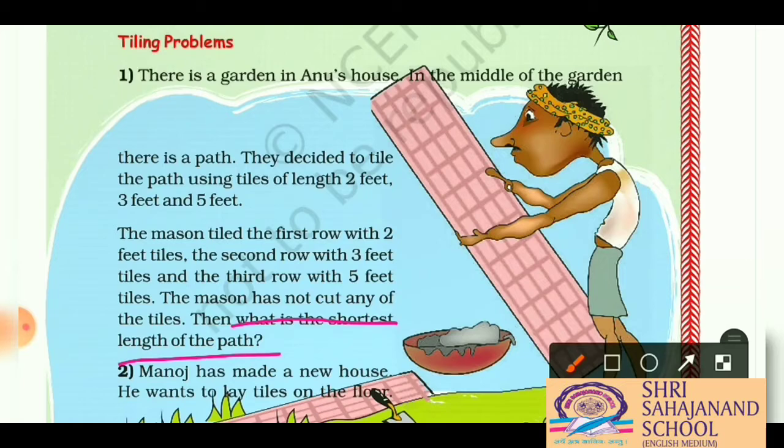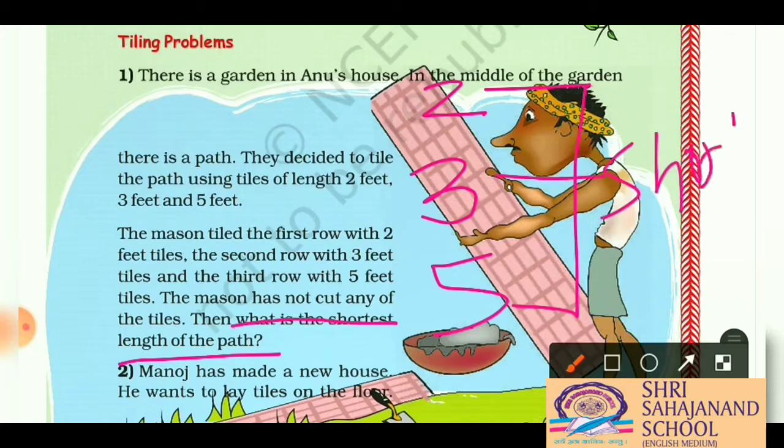Here we have 3 different types of tiles and their measurements are 2 feet, 3 feet and 5 feet, and we have to find the shortest path among these. So what do we have to do now? We have to find their LCM. Why am I going to the LCM?